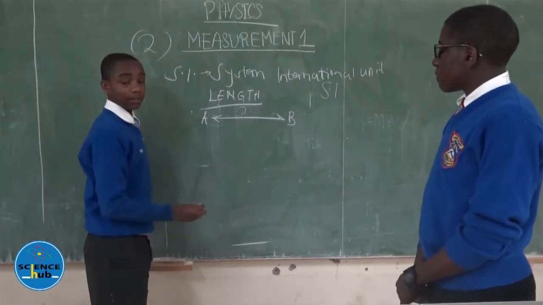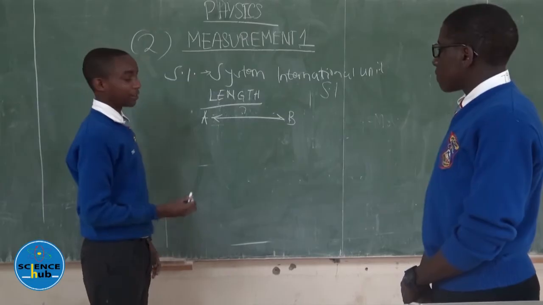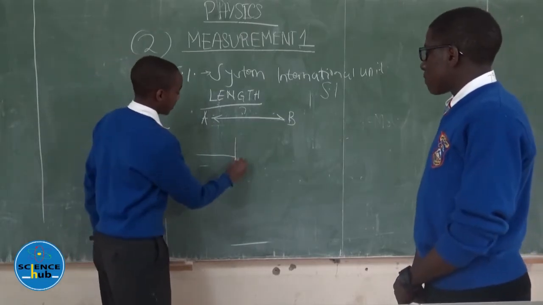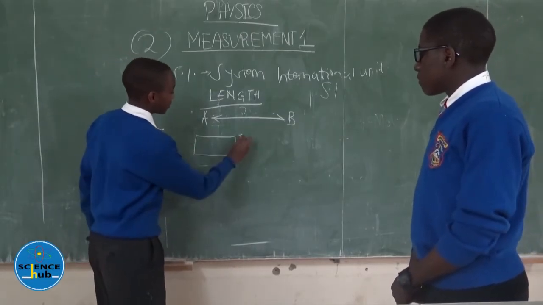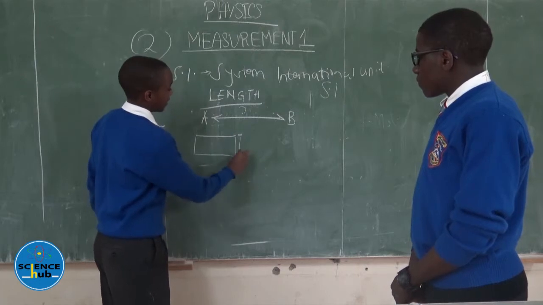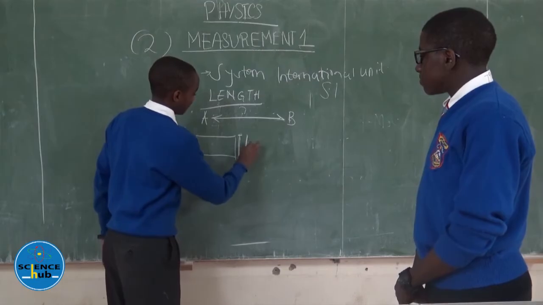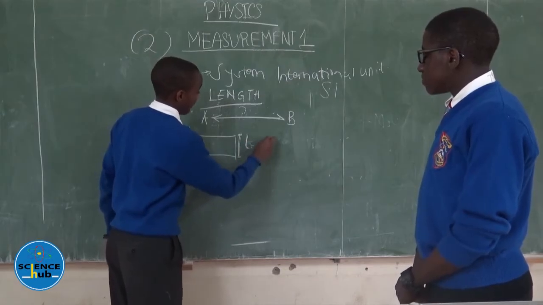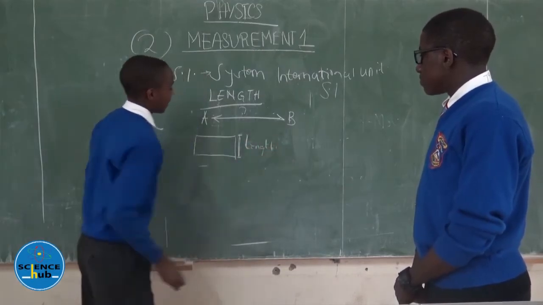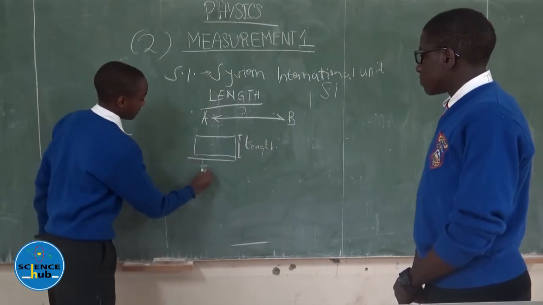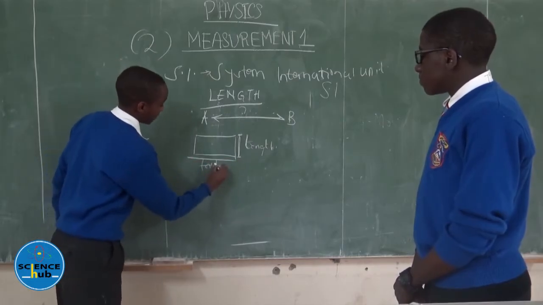We can have examples of length, for example the width and the length. In a rectangle, from this distance to this distance can be stated as the length.